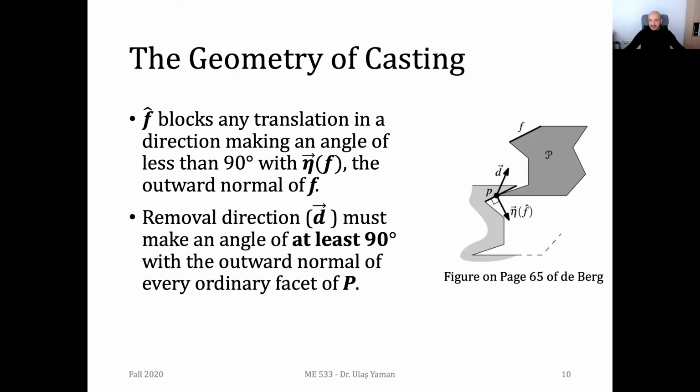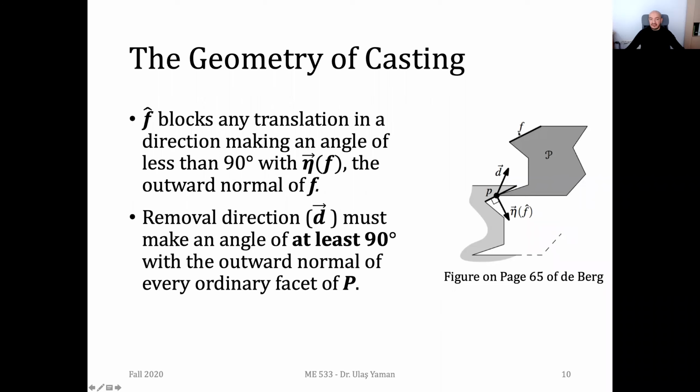And we had a bit more complicated shape, and if you remember, we discussed this shape on this slide, and came up with the requirement that if the given mold is suitable for the casting of this polyhedral shape, then its faces, these are the facets of the mold, if you remember, these are ordinary faces, and the corresponding facet on the mold side, they should have at least 90-degree or more angles with the outward normal of our ordinary facets.